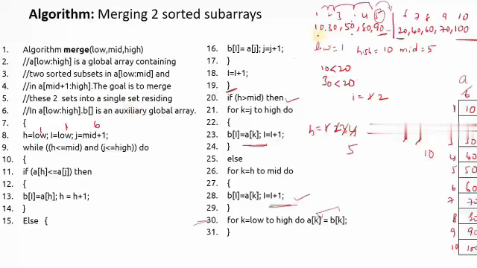Here you will take one auxiliary array, and then you check the first element in one array and the first element in the second array, and whichever is smaller you place into the auxiliary array. Next you check the next element and the previous element which is not yet submitted into the B array. Like this we complete all those elements, and finally after getting all the sorted elements into B, you copy those elements into A. So this is the procedure of merge sort. Thank you.